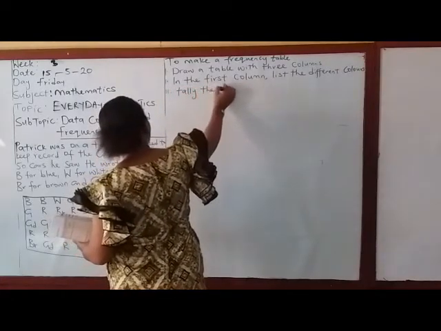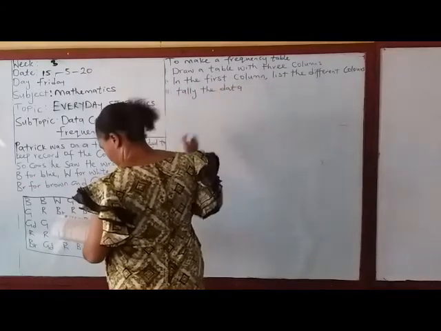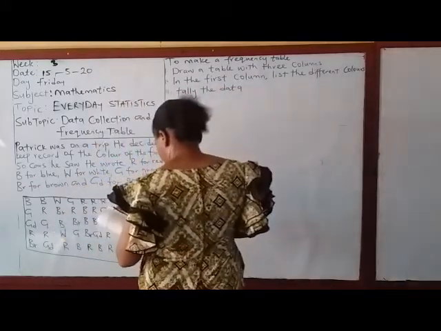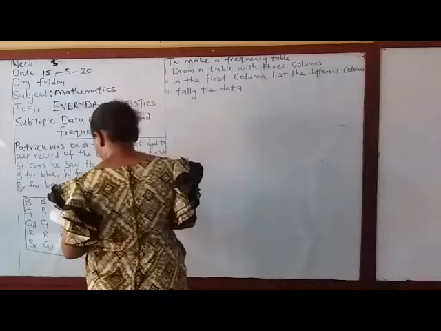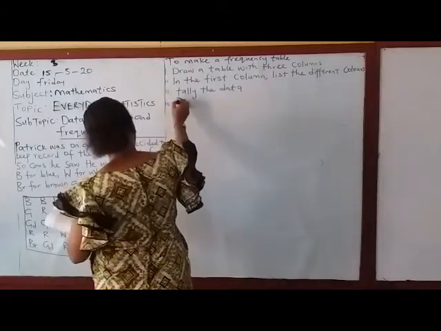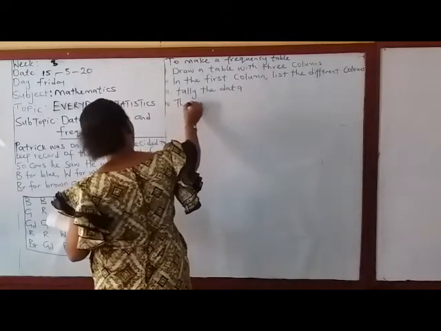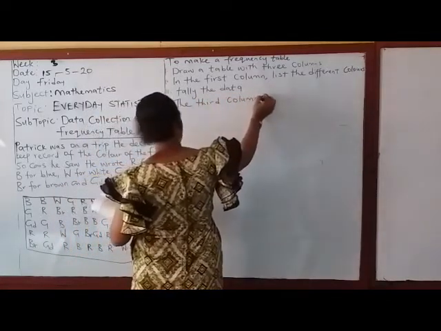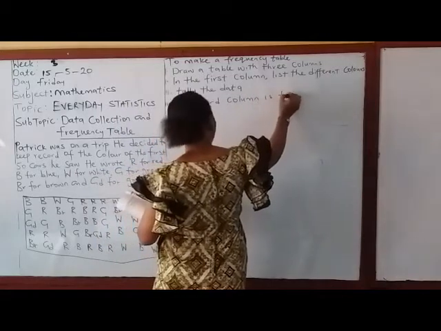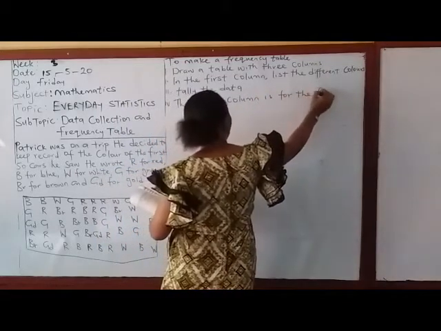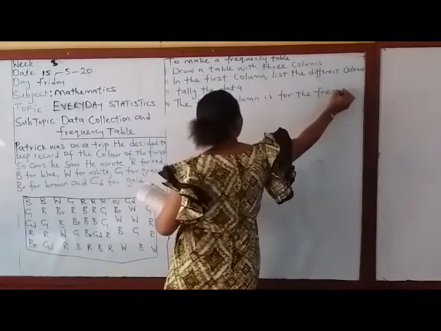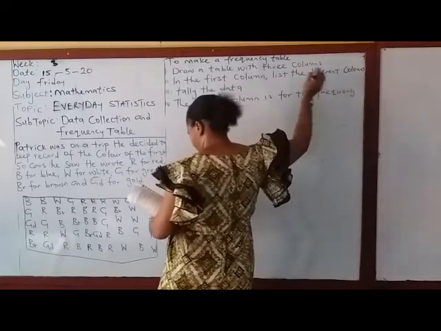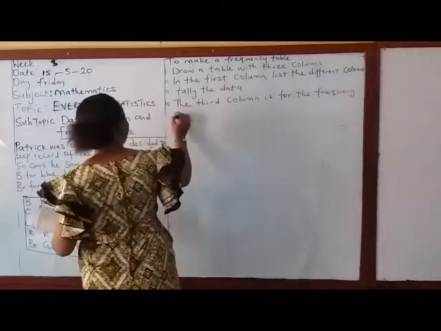We are going to see all this. And the third column is for the frequency. Add the number of tallies.